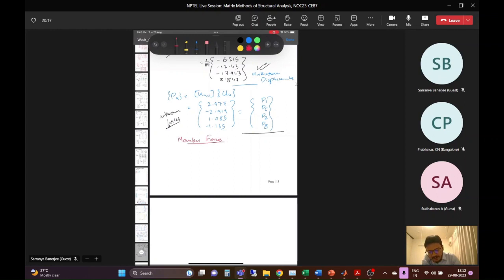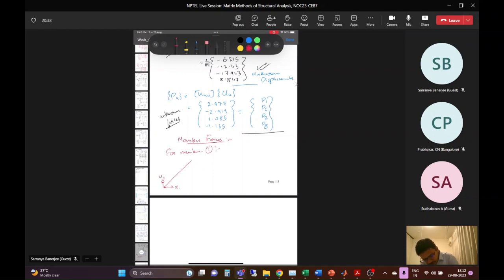So now we can find the member forces. I will just show you one example member force for member 1. For member 1, okay. So member 1 is aligned like this as far as I remember, and as far as my notes in my copy are correct.